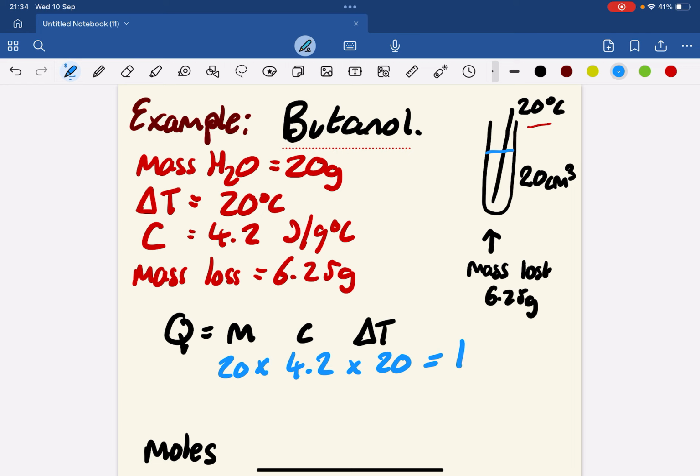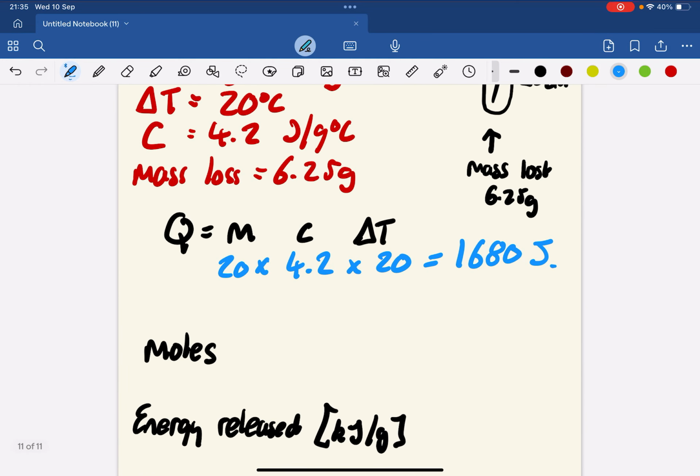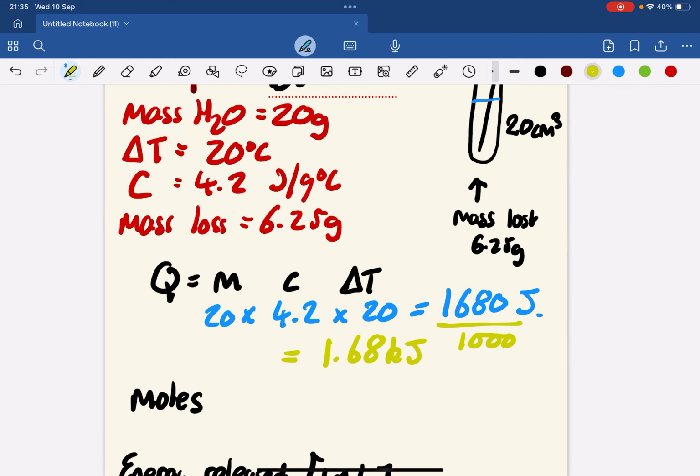That is 1,680 joules. For this calculation, it's all going to be in kilojoules, so we need to divide that by 1,000, which gives 1.68 kilojoules. So during this experiment, we transferred 1.68 kilojoules worth of energy to the water.